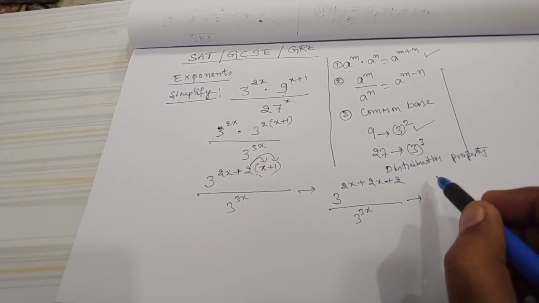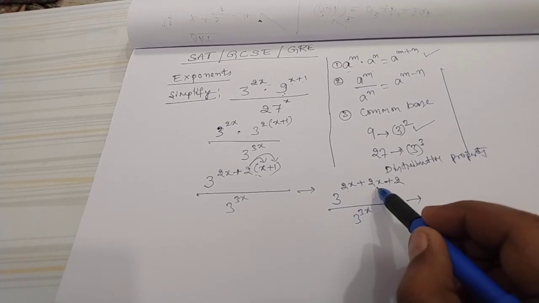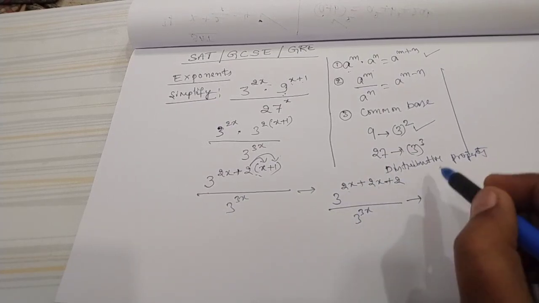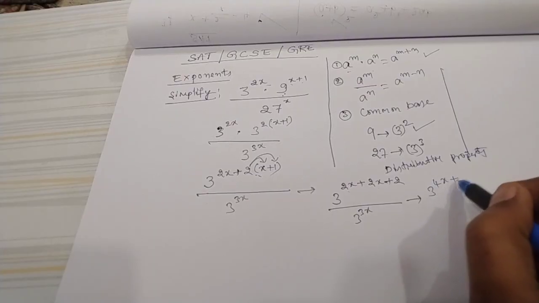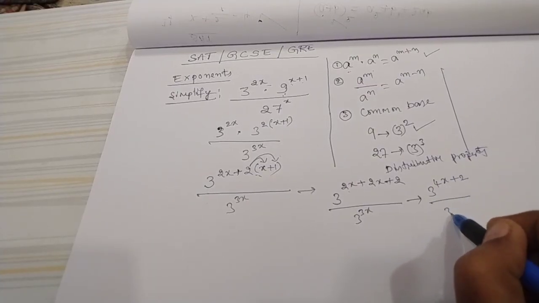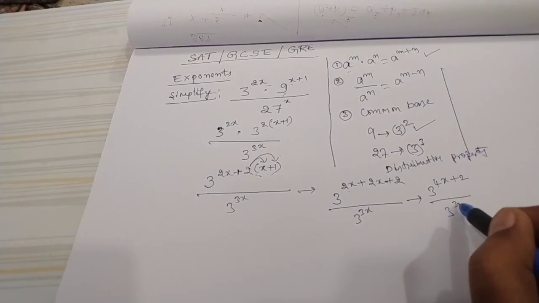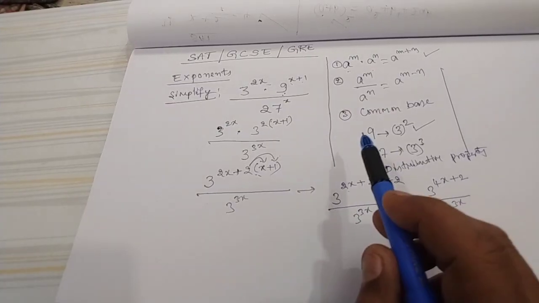Continuing, 3 to the power 2x plus 2x plus 2 can be written as 3 to the power 4x plus 2, and in the denominator 3 to the power 3x.